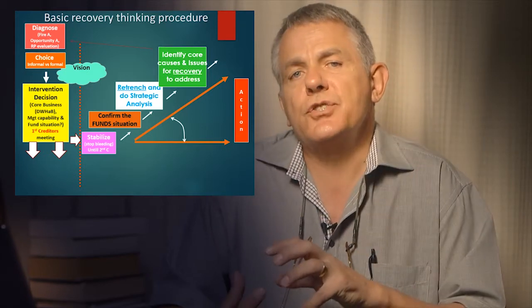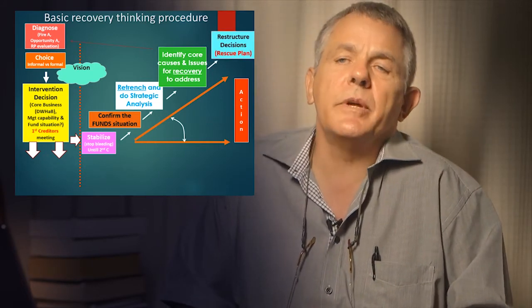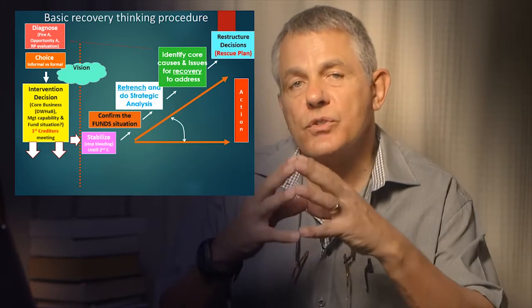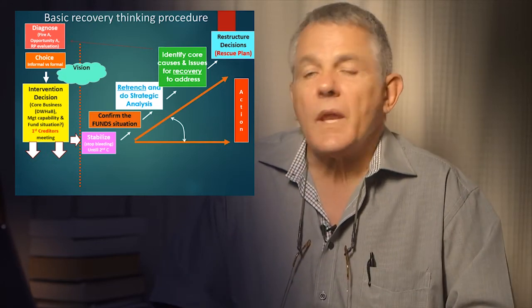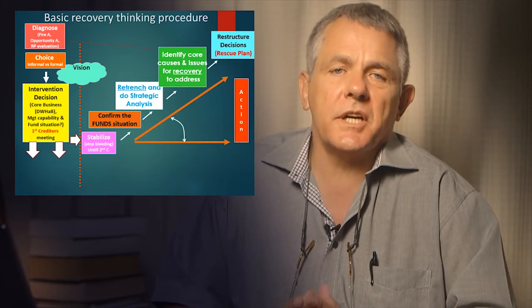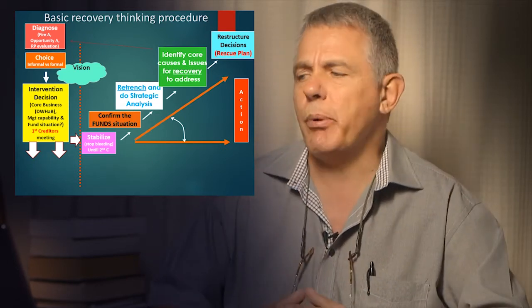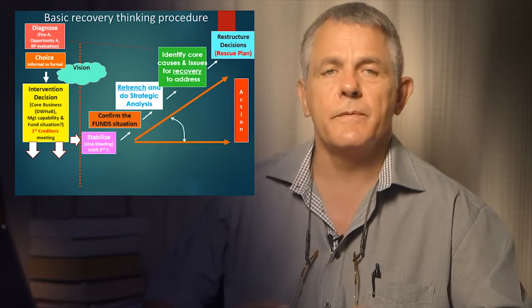Because the recovery choices that you make, the decisions, will be based on what exactly the causality for the decline is. Then we can make the restructuring decisions, which is then normally put into the rescue plan. That would be the general process if we pursue this route.